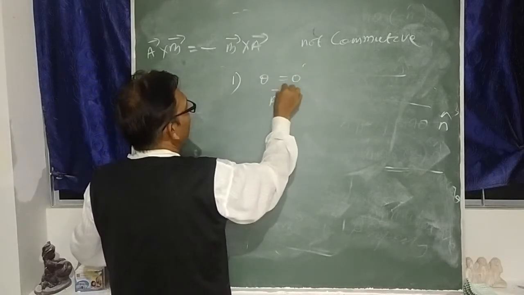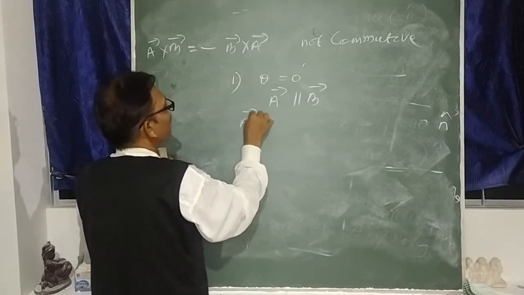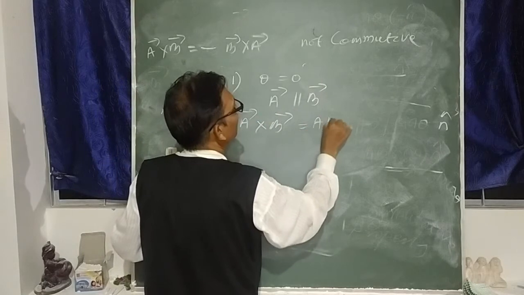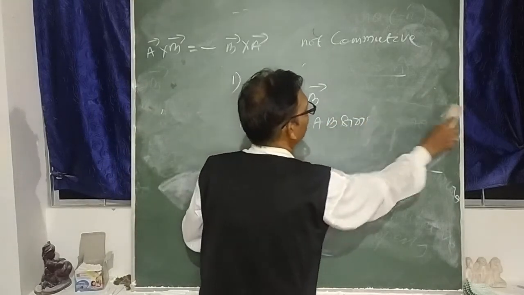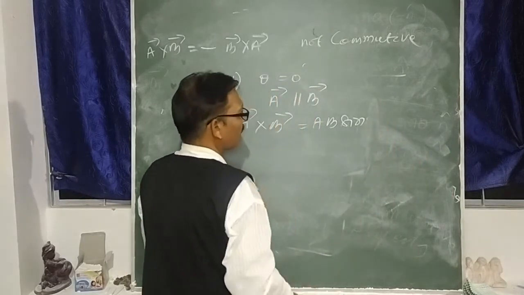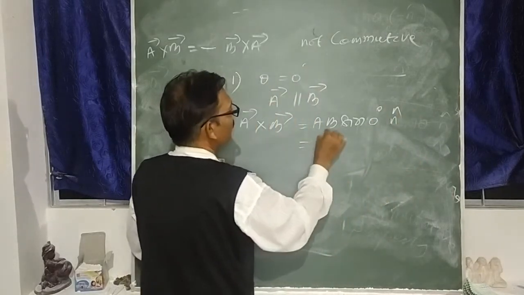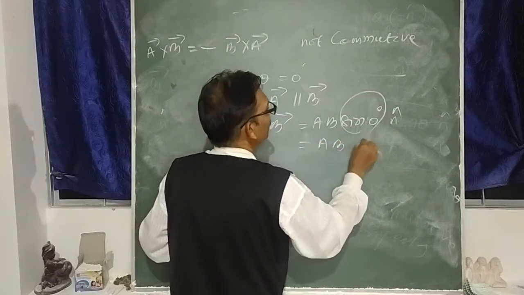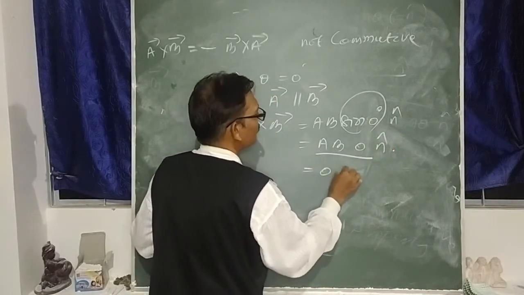That is, A vector is parallel to B vector. So what is A cross B? C is equal to AB sin theta n cap. You put 0 in place of theta. Sin 0 is equal to 0. So AB times 0 times n cap is 0.